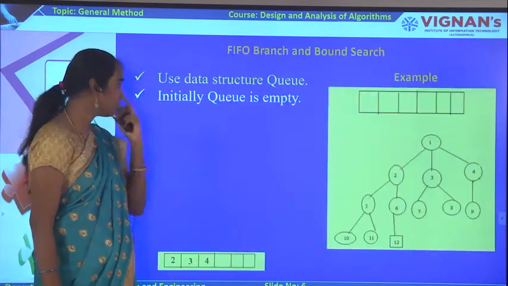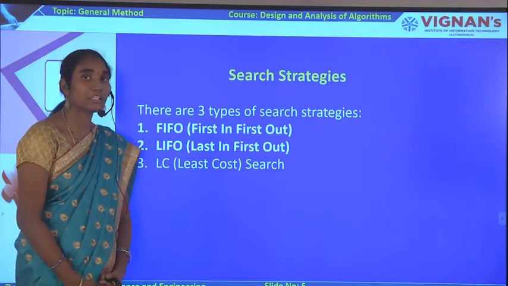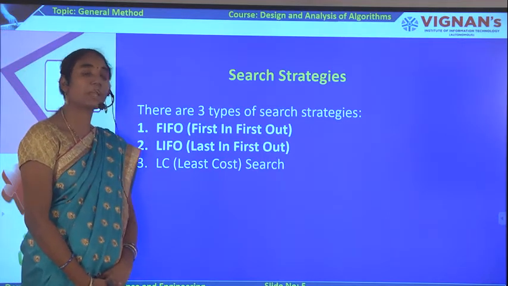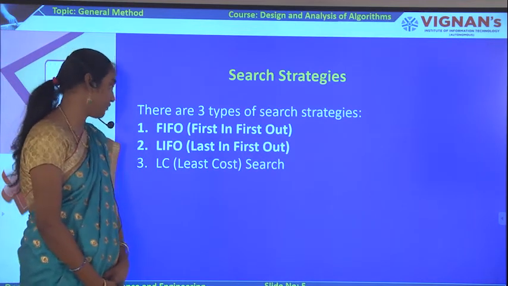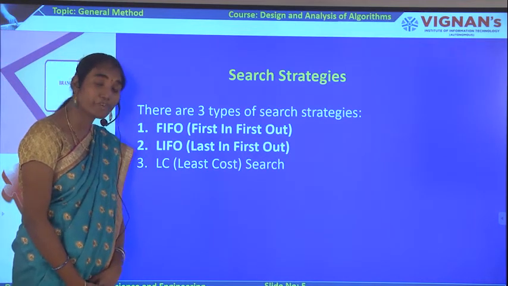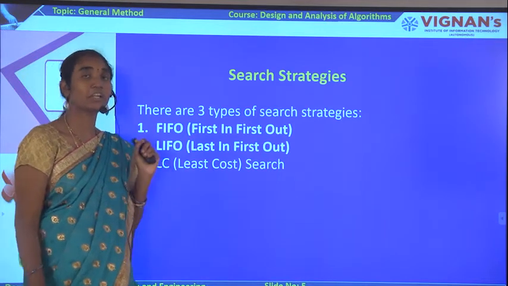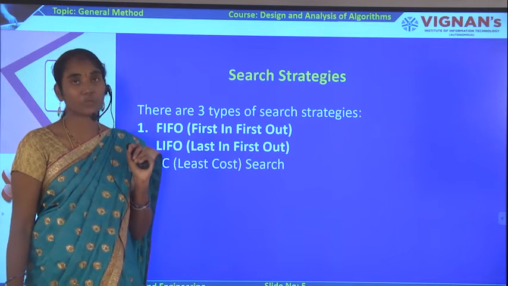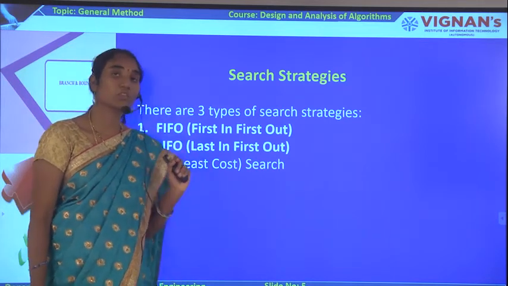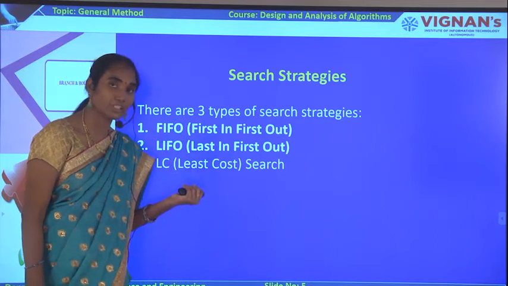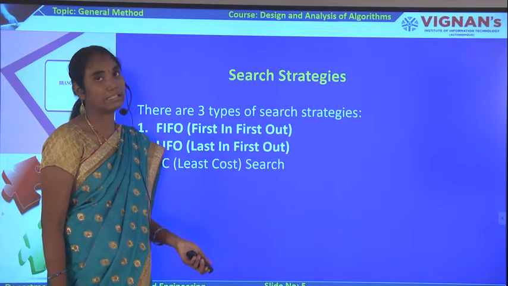Okay, now there are basically three types of search strategies we use under the branch and bound method. The first one is first in first out, the next one is last in first out, and the third one is LC search.